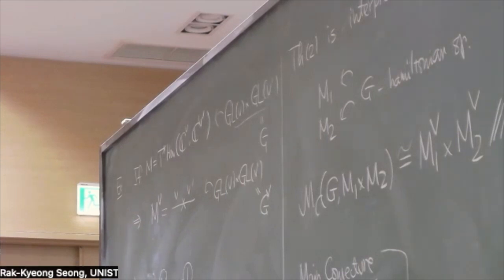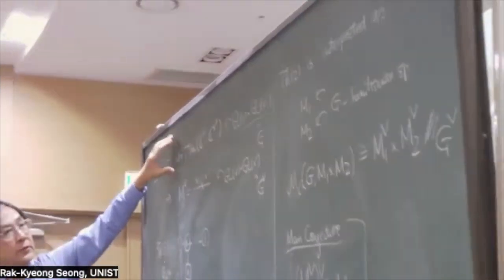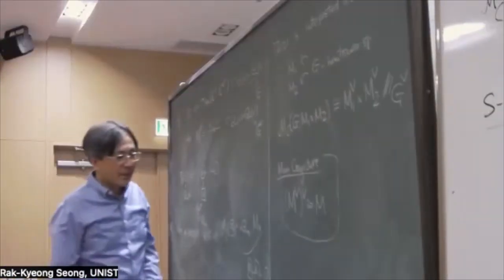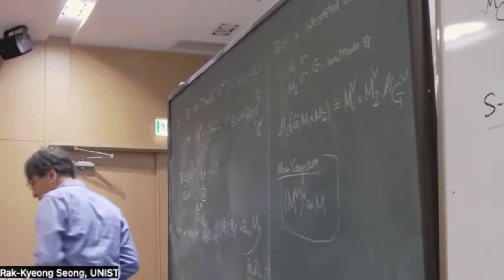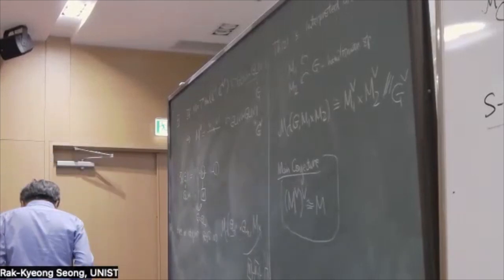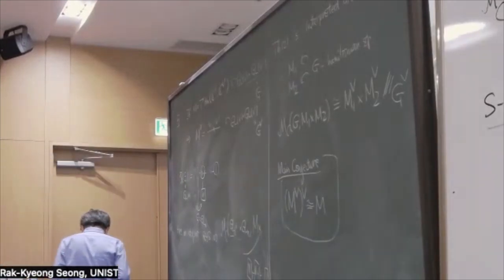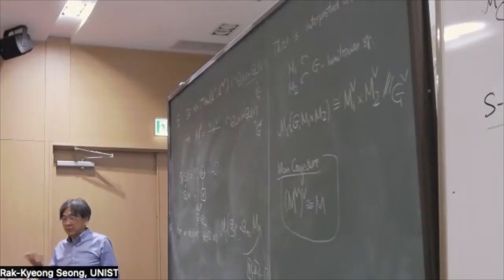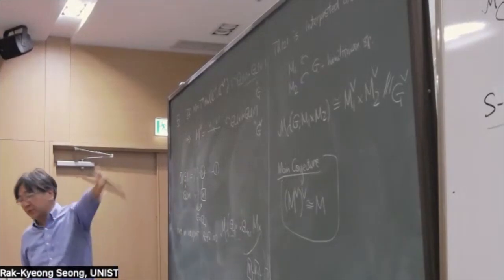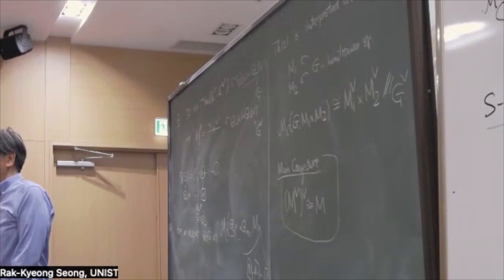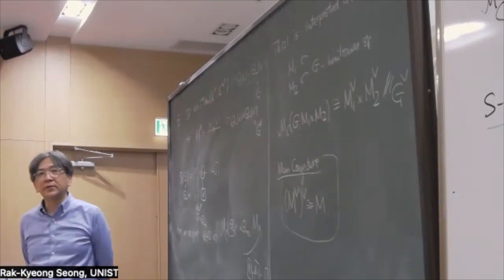But once this definition can be generalized, then by this conjecture, M check check recovers this space. So this is the expectation. Yeah, I tried to explain how the subtraction I explained can be derived from this. First, thank you.